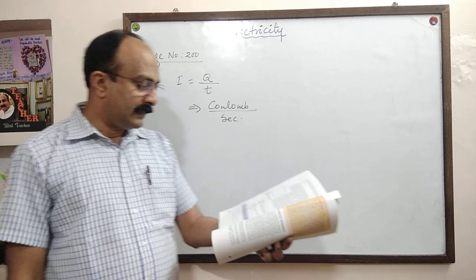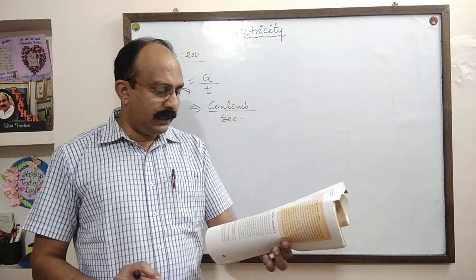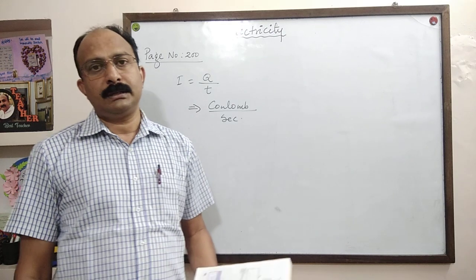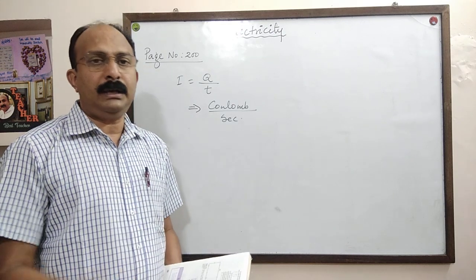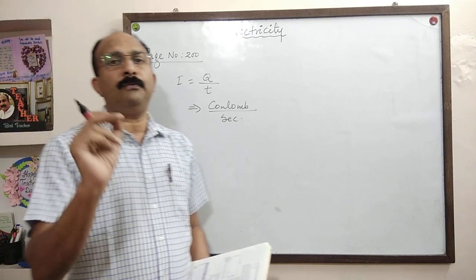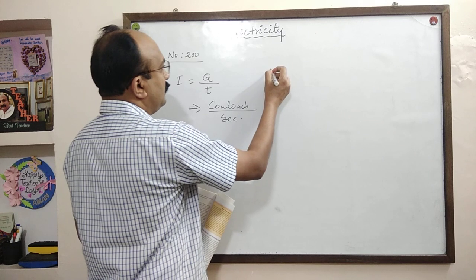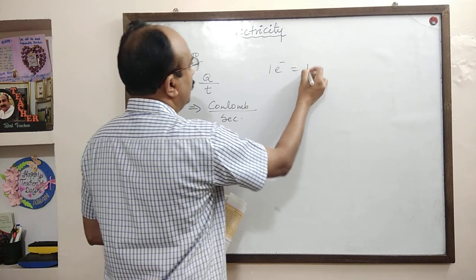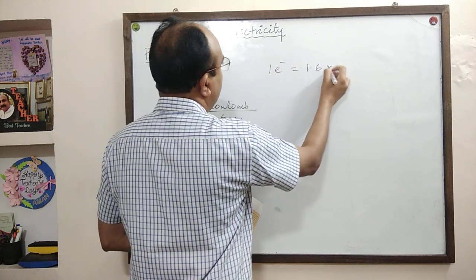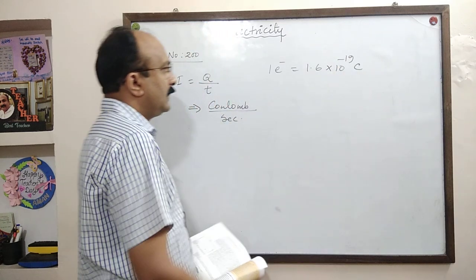Question number 3. Calculate the number of electrons constituting 1 coulomb of charge. This was also taught by me in the previous video. Number of electrons present in 1 coulomb of charge. We know that the charge of 1 electron is 1.6 into 10 raised to minus 19 coulomb.